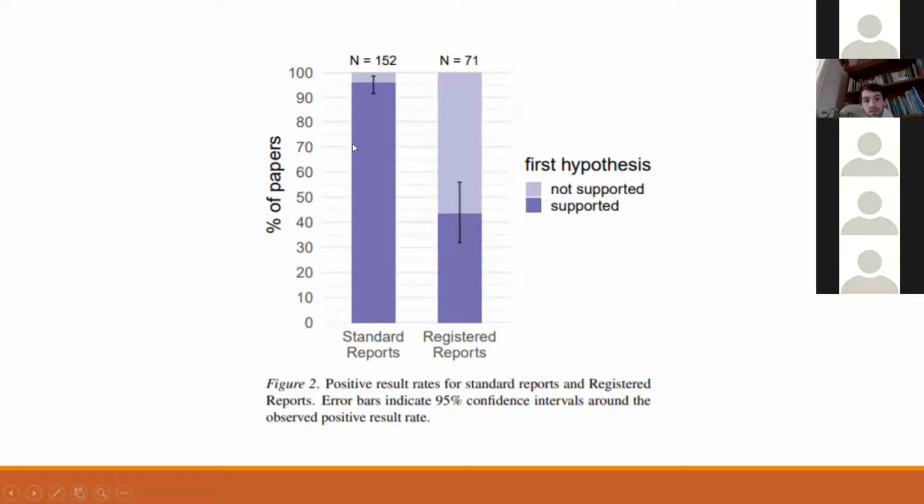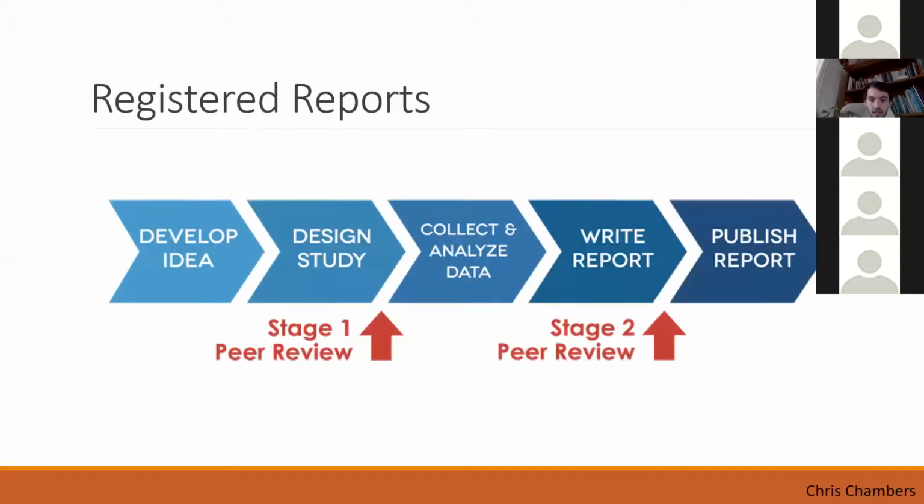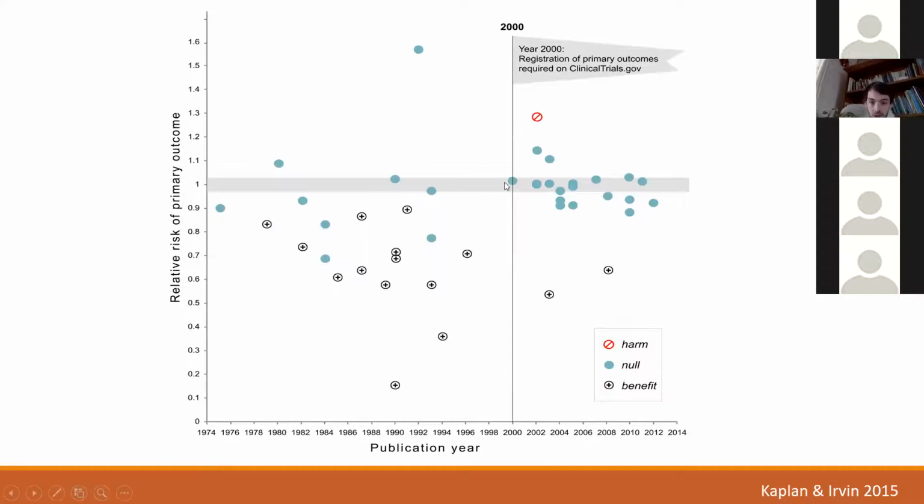So you see a massive shift in the composition of a literature that's coming from the standard research practices, where you don't have to pre-register your hypothesis or your analysis plan, to ones where people have pre-specified what they're going to do. And you see this drop in hypothesis confirmation from like 95% to 45%. And to me, if you're going to believe any of these results, you're going to believe the ones that people pre-registered their outcomes from, right?